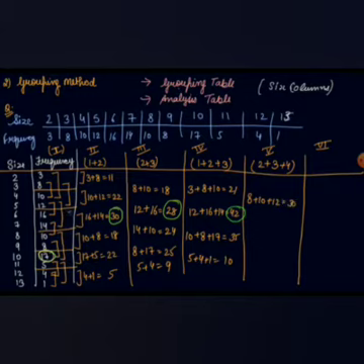Then 16 plus 14 plus 10, which is equal to 40. And then 8 plus 17 plus 5, which is equal to 30. Then we are left with only 2 frequencies, but in the fifth column we are adding 3 frequencies, so we'll leave the last 2 frequencies.